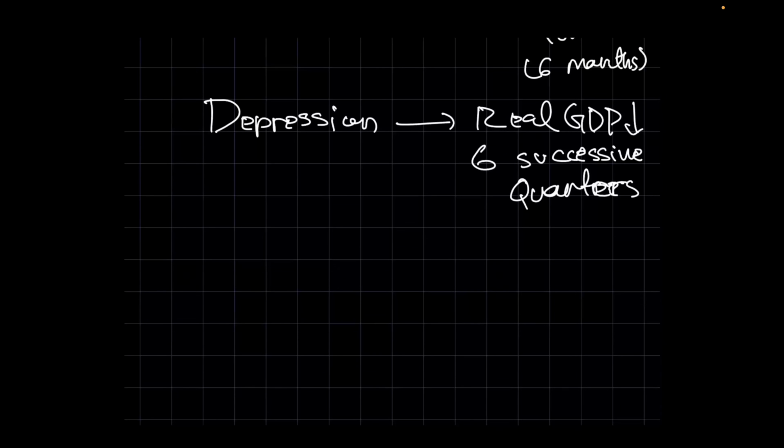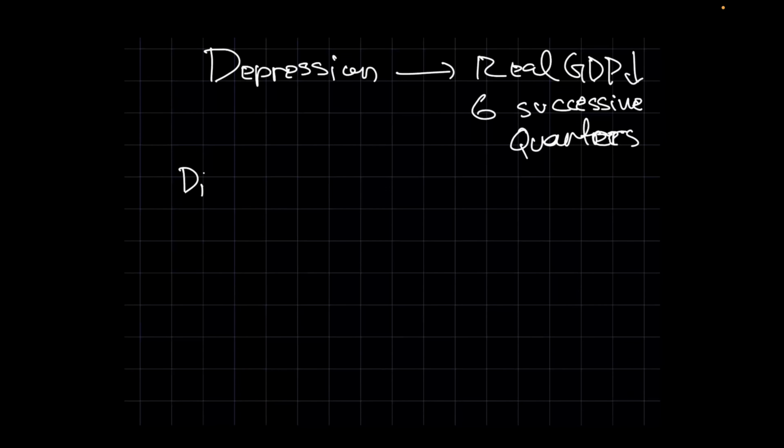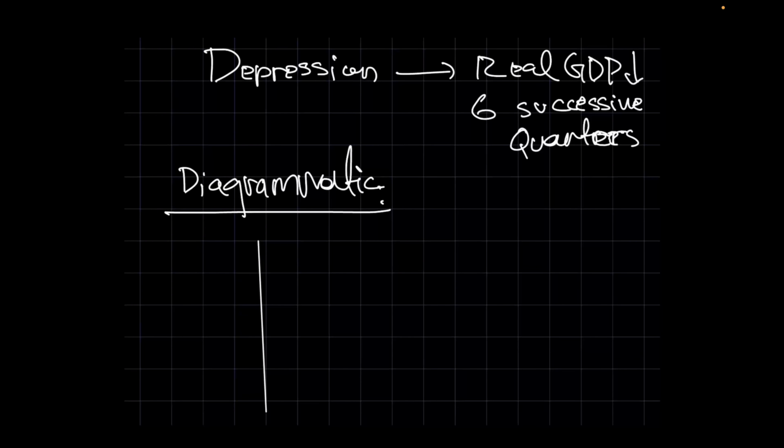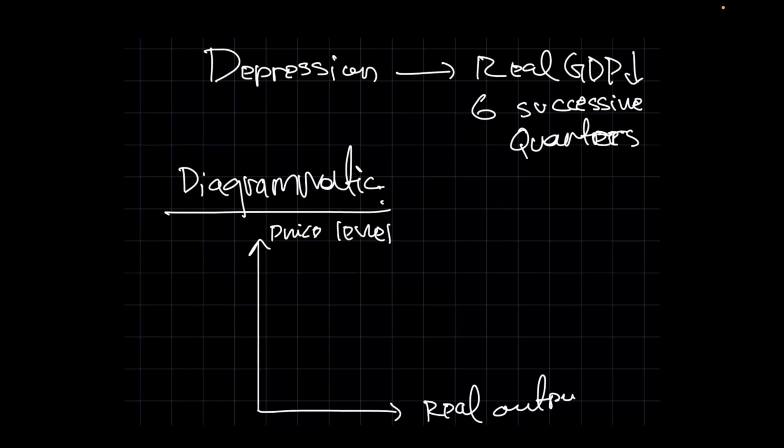Now let's just look at a diagrammatic representation of a recession. This would involve an AD and AS curve. You have price level on the y-axis and real output on the x-axis. How this works is there is a leftward shift in aggregate demand.